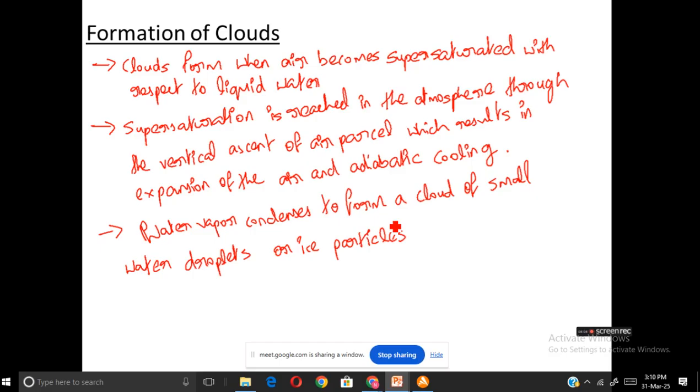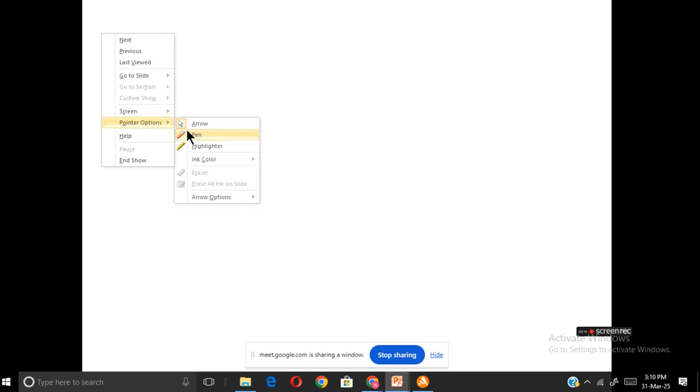There are two processes in which clouds are generally formed. The first one is homogeneous nucleation.